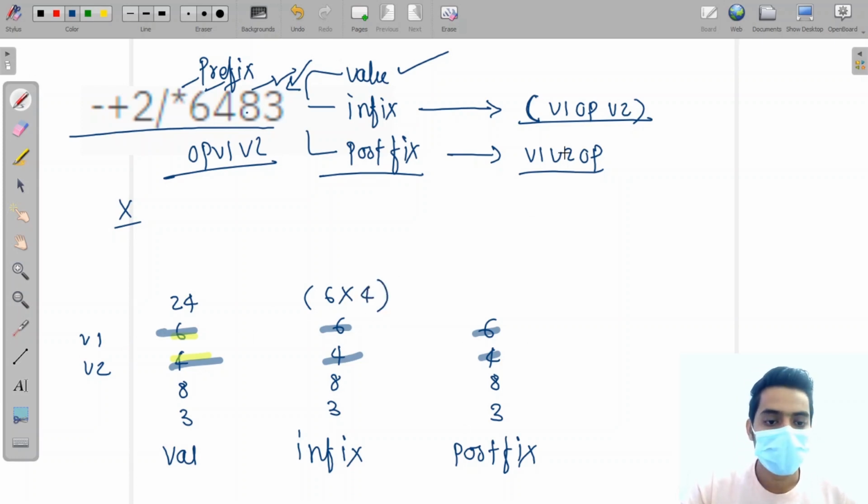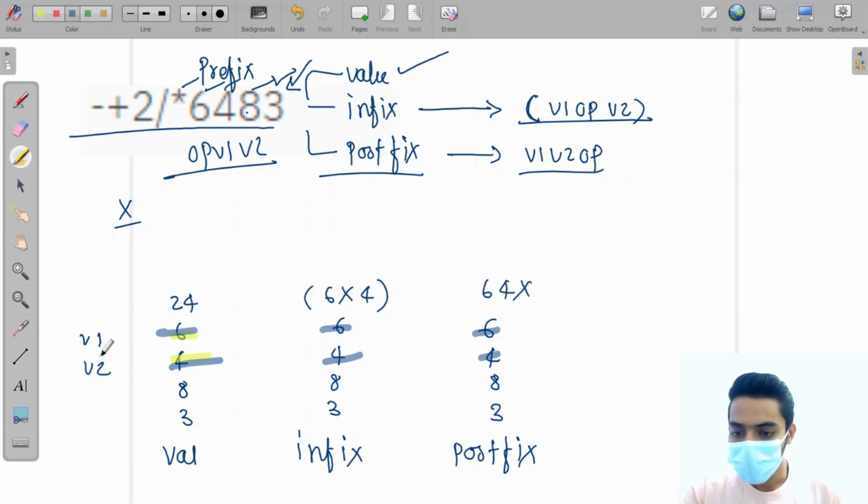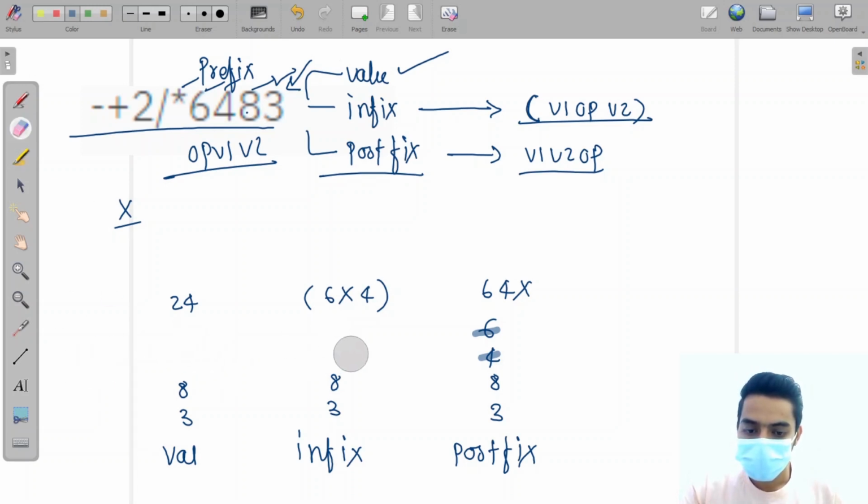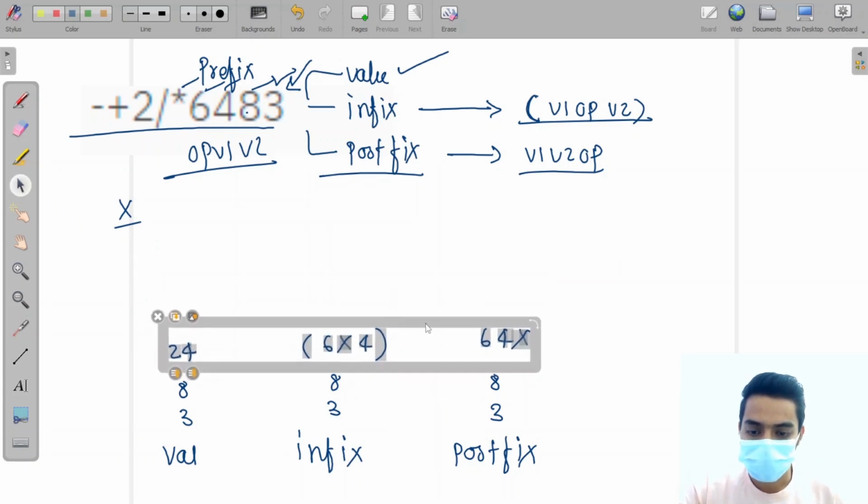Now postfix: value 1, value 2, operator, so 6 4 and the operator. Now erase this and push this into these stacks.